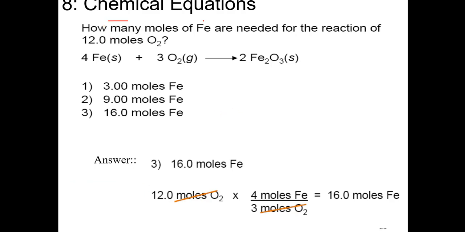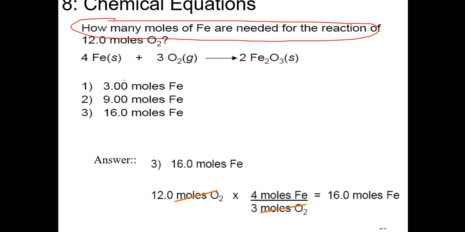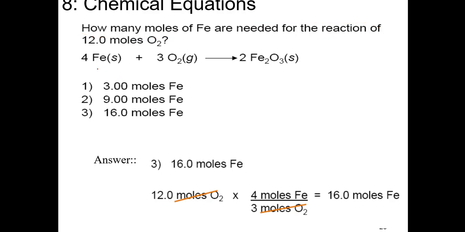You could be given a question like this, along with a balanced equation. So first things first, you need to make sure that you have an equality based on the balanced equation in order to do a mole-mole ratio.